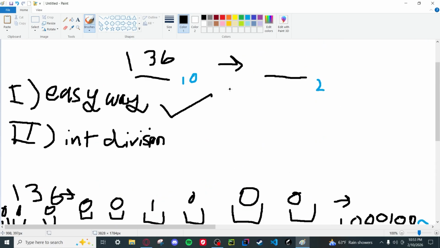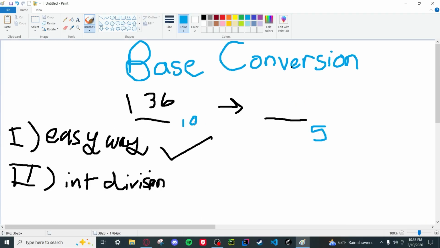And if we're looking at something like 136 to base 5, it's generally the same thing. If we just make that a base 5 real quick, then we can do the same thing. This is 5 to the 0 is 1. This is 5 to the first is 5. This is 25, and this is 125.